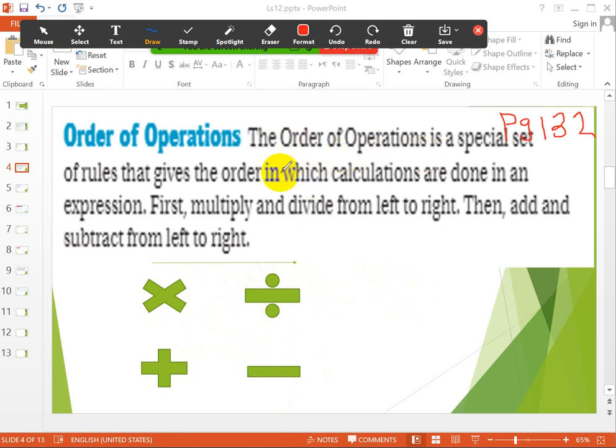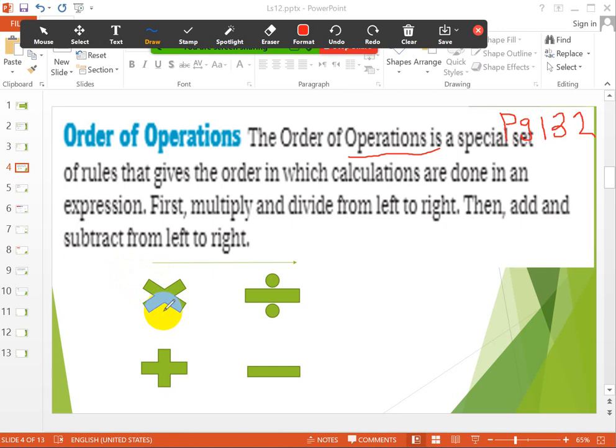What does that mean? That means there is a priority of operations in math. Operations means you have multiplication, division, addition, and subtraction. There is an order for these operations.